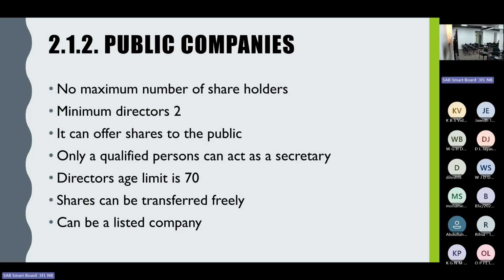What is the difference? The public company is looking at the general public. Public sector company, government company, state company, they are the companies that belong to the government. If more than 51% of the shares belong to the government, then we call them public sector company or government company or state company.